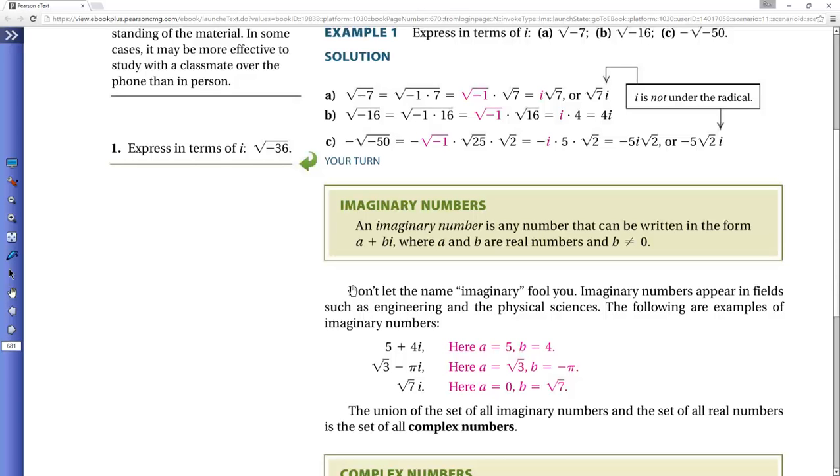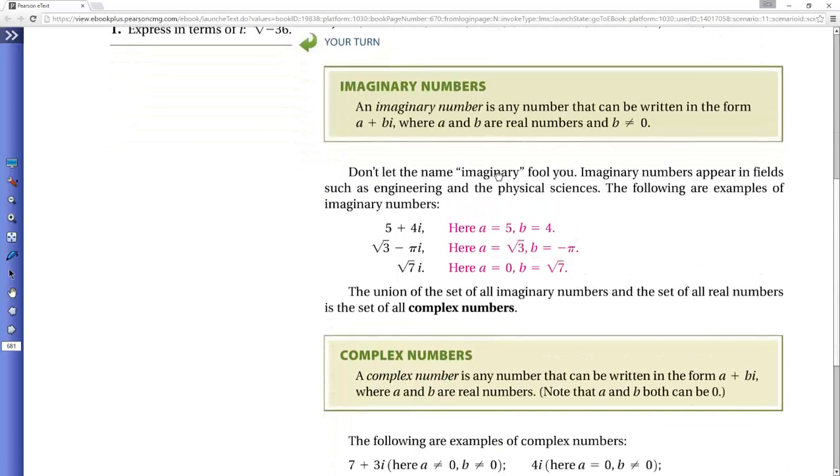It does look like a variable, but it has a very specific definition. It says an imaginary number is any number that can be written in the form a plus bi, where a and b are real numbers and b cannot be equal to 0. In other words, there has to be some value times i. Okay, these are what we call imaginary numbers.